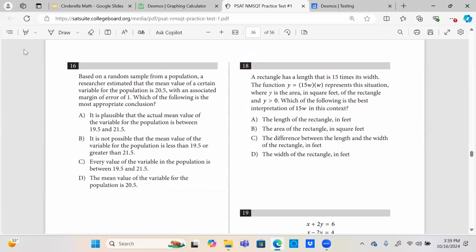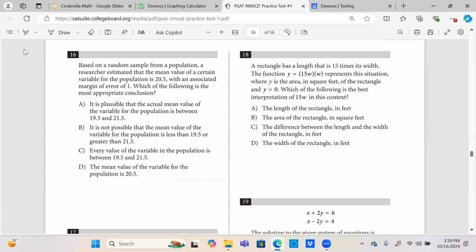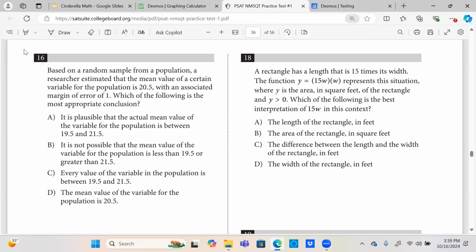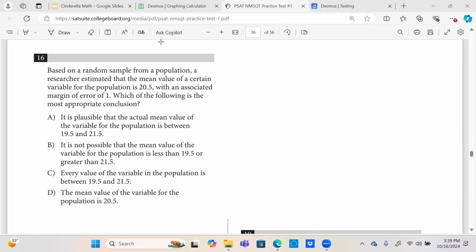Next page. Based on a random sample from a population, a researcher estimated that the mean value of a certain variable for the population is 20.5, with an associated margin of error of 1. Which of the following is the most appropriate conclusion? Okay, so some people were doing some research from a population.